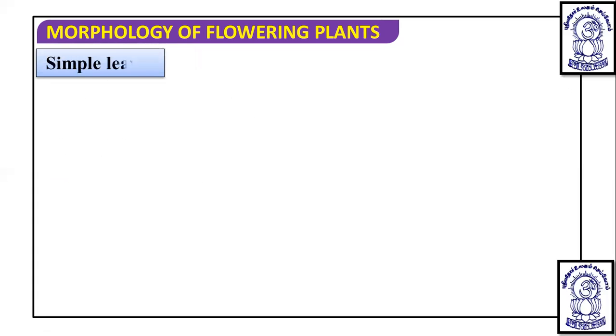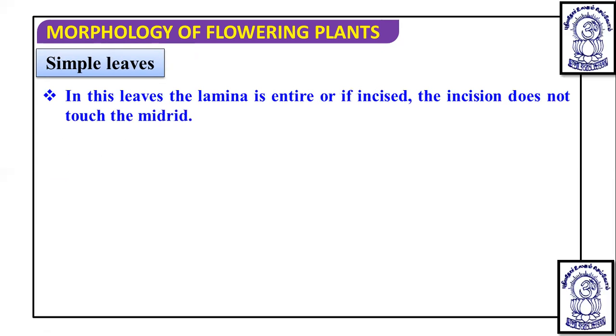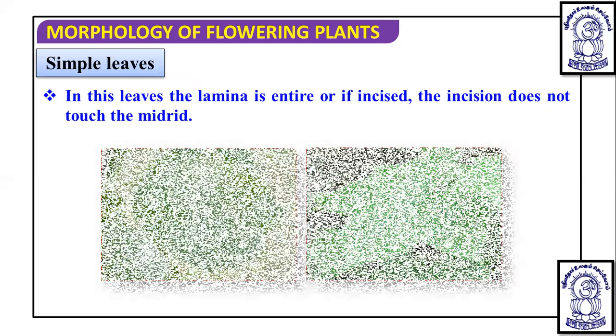In simple leaves the lamina is entire or complete, or if incised, meaning cuttings are developing in the lamina, that incision does not reach the midrib, then it is known as a simple leaf.